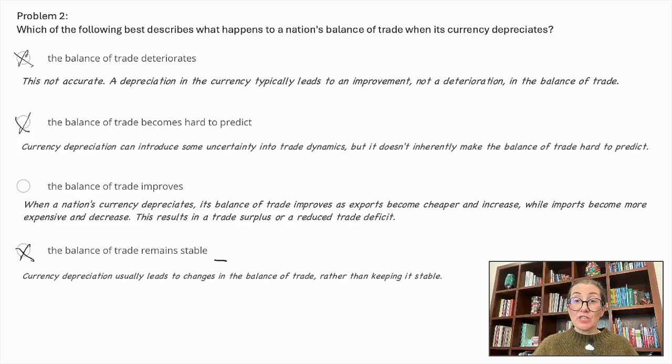This is because a depreciation in the currency makes the nation's exports cheaper for foreign buyers while making imports more expensive for domestic consumers. Cheaper exports encourage foreign buyers to purchase more of the nation's goods and services, leading to an increase in export volumes. Conversely, more expensive imports discourage domestic consumers from buying foreign goods and services, leading to a decrease in import volumes. So this is the correct answer.